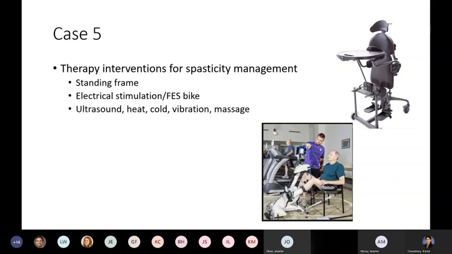And then lastly, I did mention in one of the cases that the patient was using medical marijuana. It just remains one of those big question marks in terms of an ongoing need for more data to truly demonstrate the degree of efficacy for spasticity or any other symptom management.